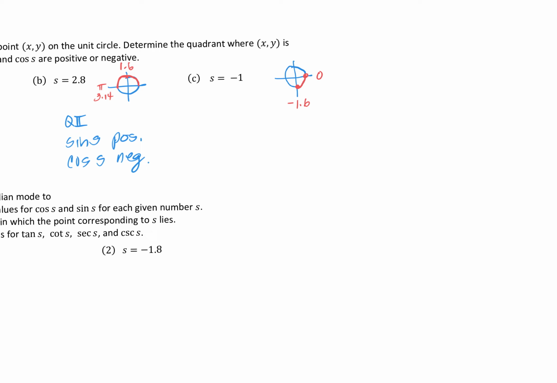So a value of -1 is actually in this quadrant, which is quadrant 4. And in quadrant 4, sine is negative, but cosine is positive.